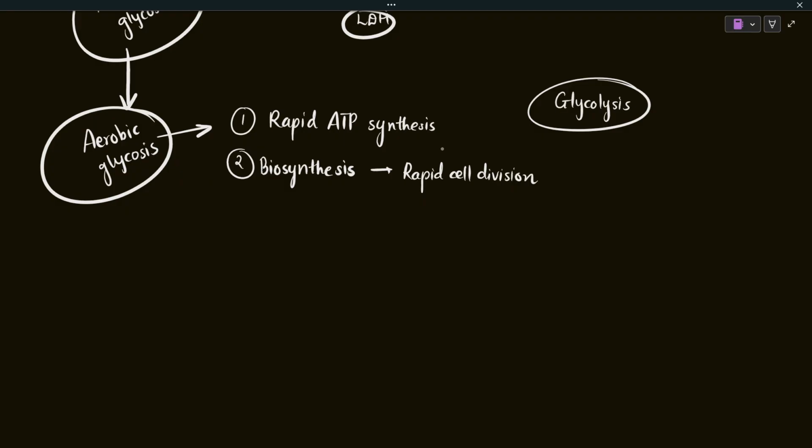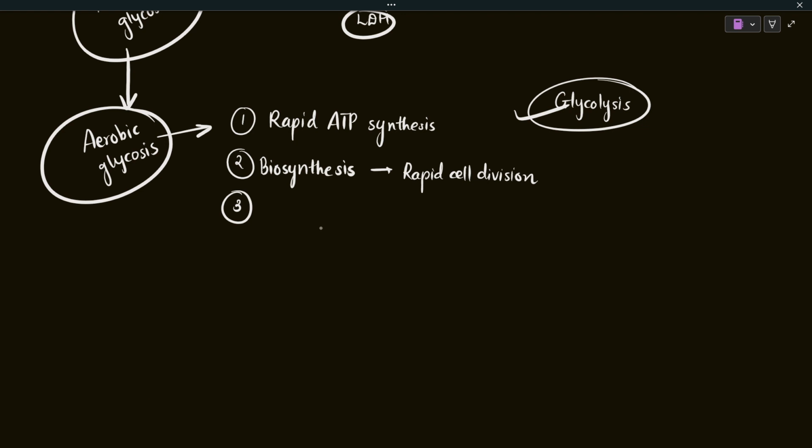The tumor cells have their own machinery to synthesize nucleotides, amino acids, and lipids, and they have all the raw material. The supply of raw material is provided by using the intermediates of glycolysis. So this proposal also explains why cellular metabolism is deregulated in cancer cells.